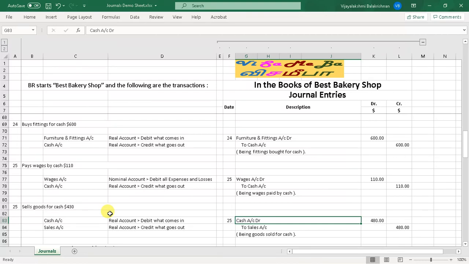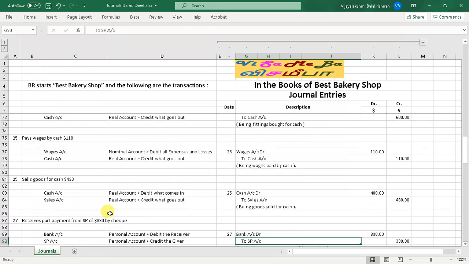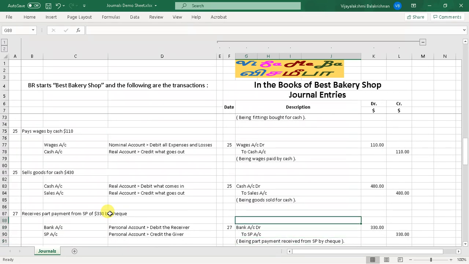So cash account debit to sales account being goods sold for cash $480. Sorry, that's a typo mistake, sorry, $430. All right?